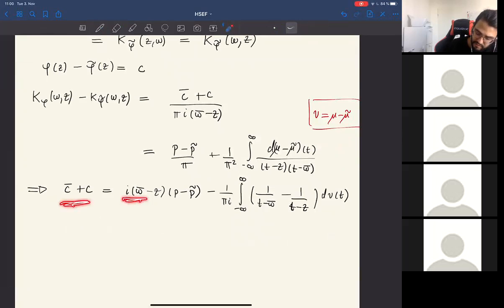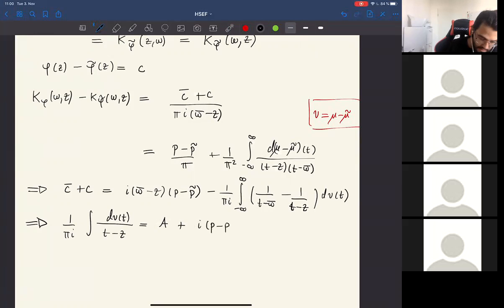So I can put any w, any z in this thing. That implies that 1 over pi I integral of nu t divided by t minus z is equal to some constant a, which I don't care about, plus p tilde times z.